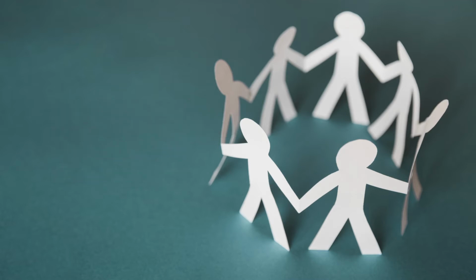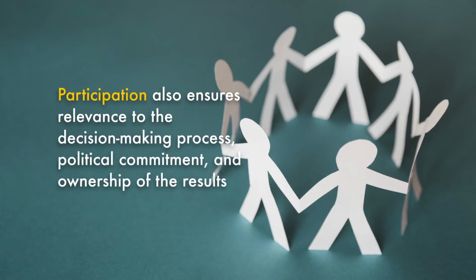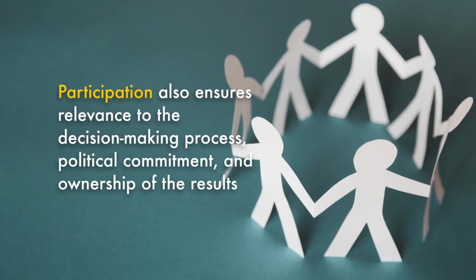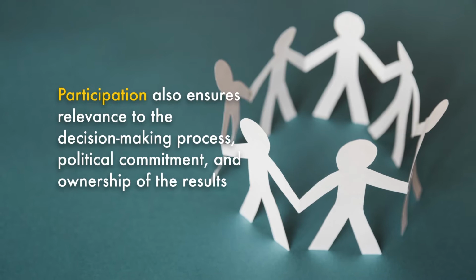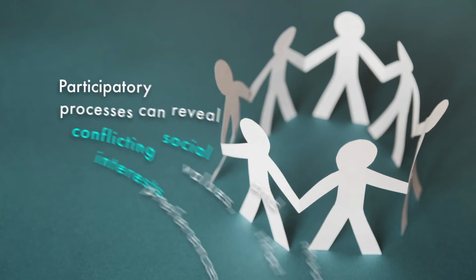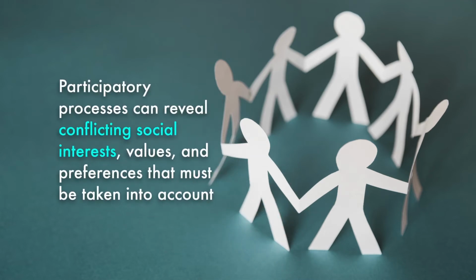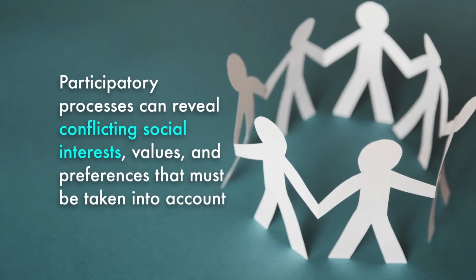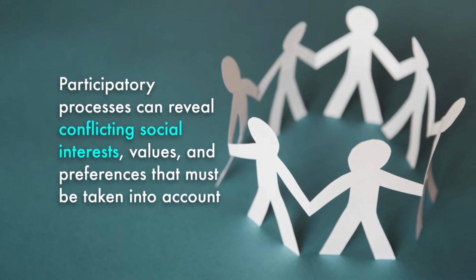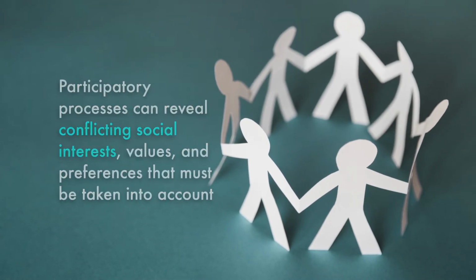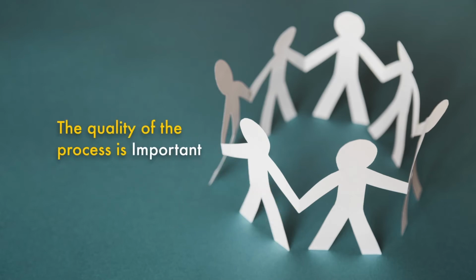And if we have community participation, this will ensure relevance to the decision-making process, political commitment, and ownership of the result. In this participatory process, it can also reveal conflicting social interests, conflicting values, and preferences that must be taken into account. So the quality of the process is very important.